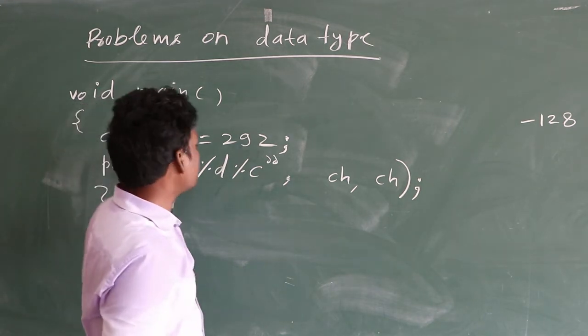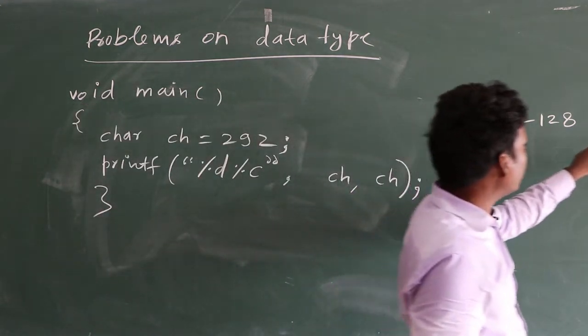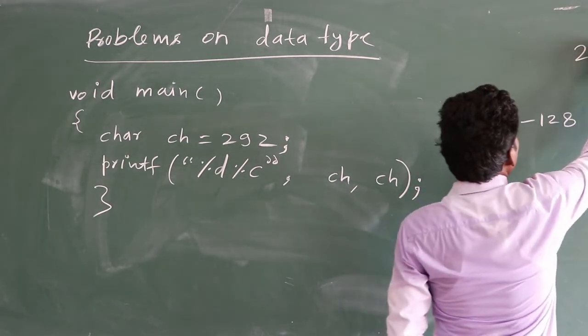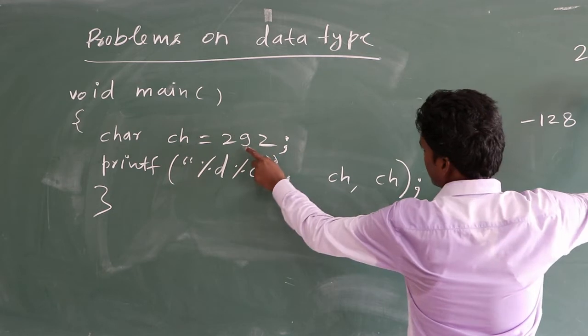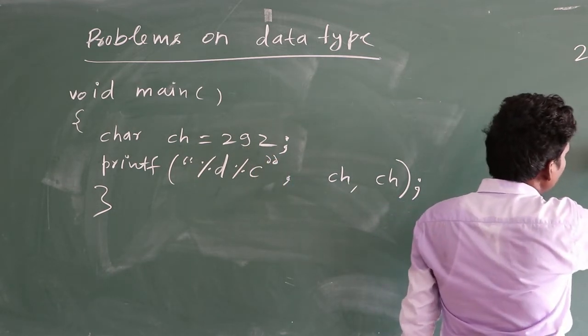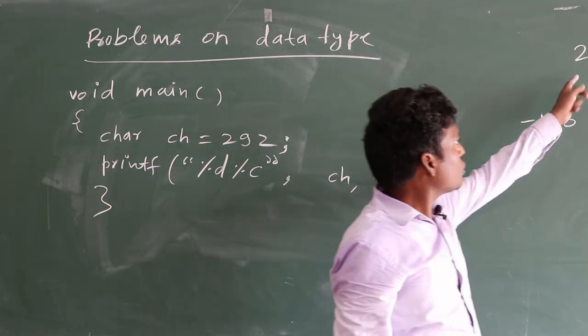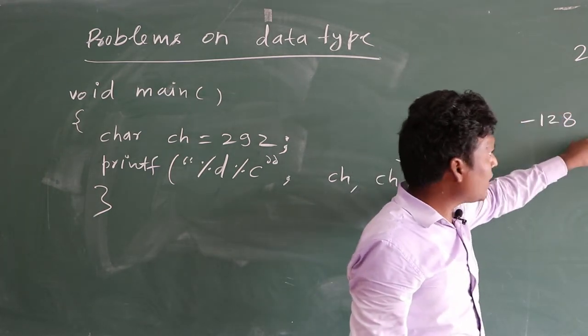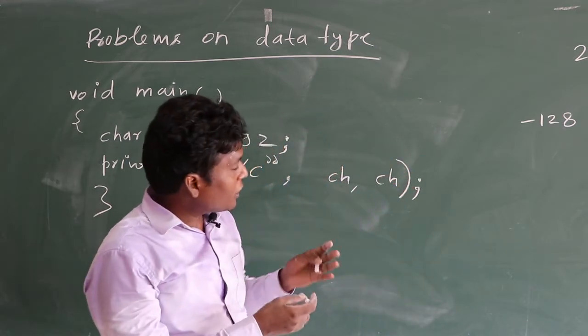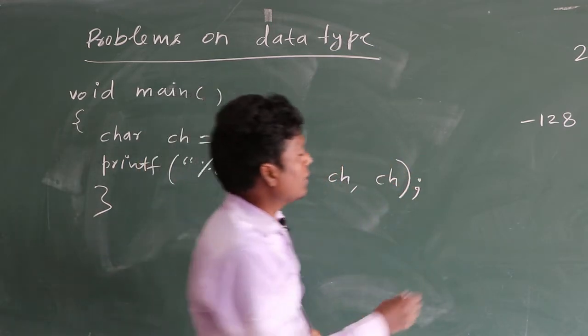So in this case, the range is -128 to +127, but 292 is the ASCII value. 292 is not within the range, so the compiler reduces 292 within the range. So how is this value reduced within range?